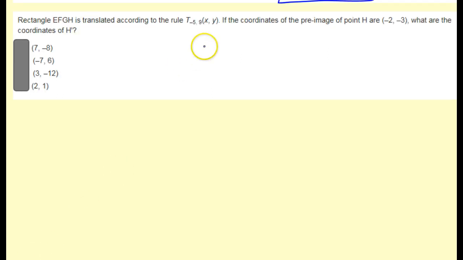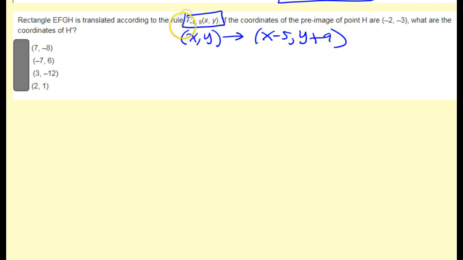Alright, this one seems just like the last one. We're given this rule, negative 5 comma 9 translation. This is the same thing as the rule xy becomes x minus 5, y plus 9. This is another way of writing this.